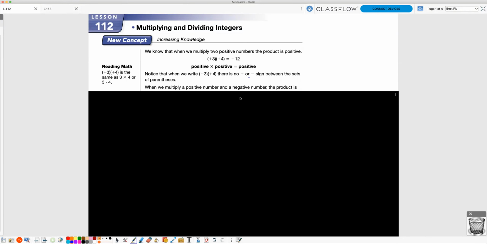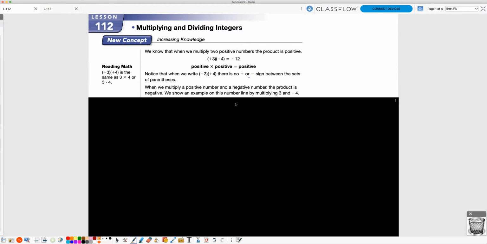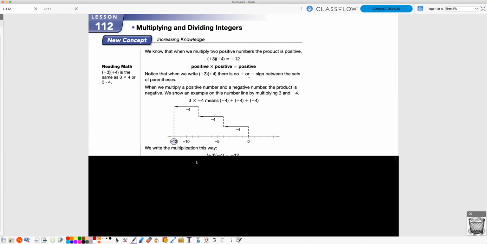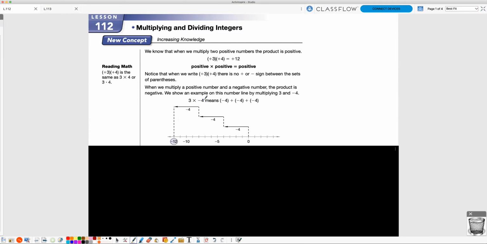When we multiply a positive number and a negative number, the product is negative. We show an example of this on this number line by multiplying 3 and negative 4. 3 times negative 4 means negative 4 plus negative 4 plus negative 4.